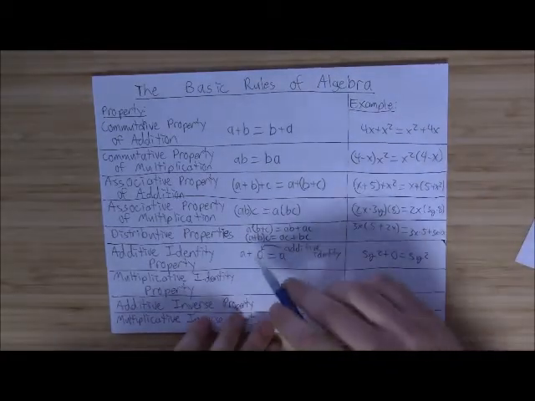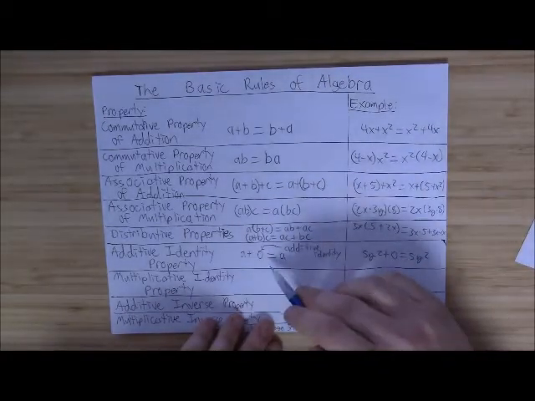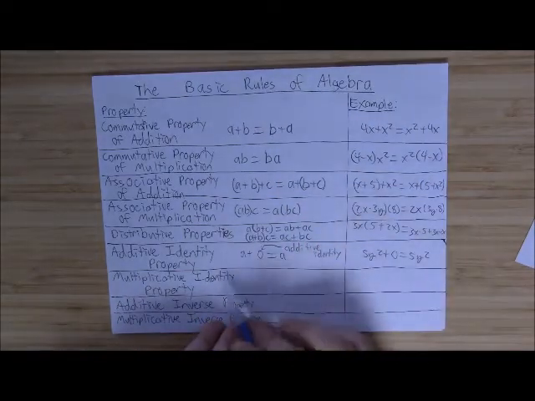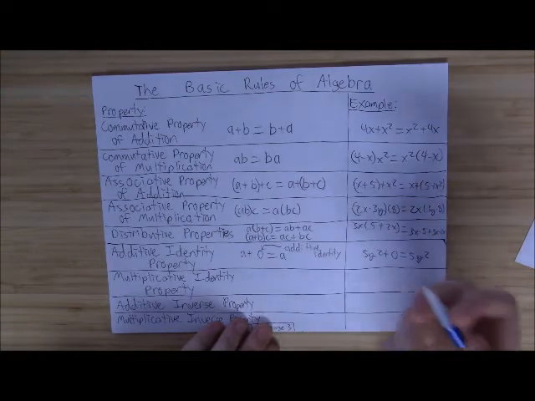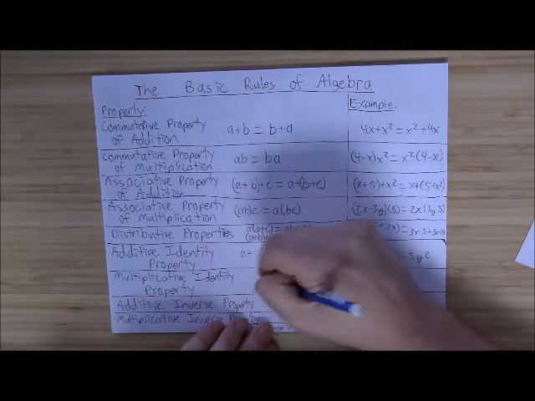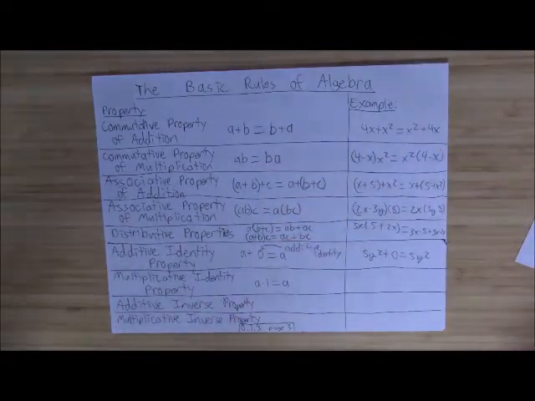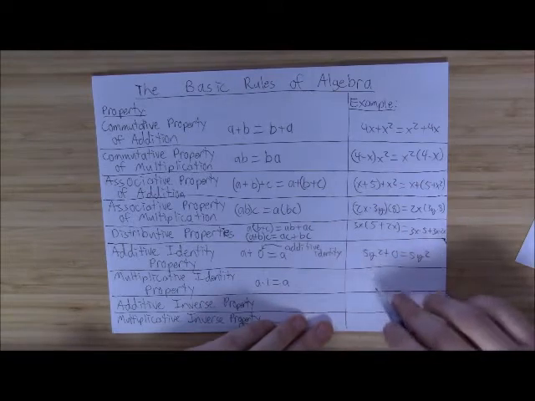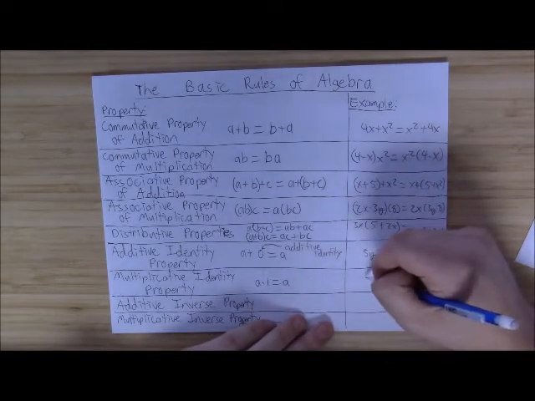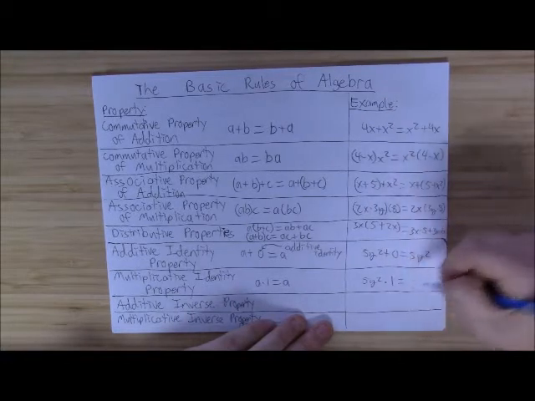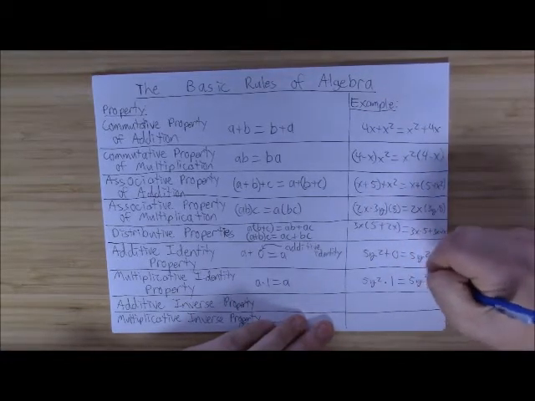Note also that 0 plus a still equals a because of the commutative property of addition. Now, we also have a multiplicative identity as well, namely if we have a times 1, that always gives us a back. Which is to say that if we had, for instance, 5y squared times 1, it would be 5y squared.